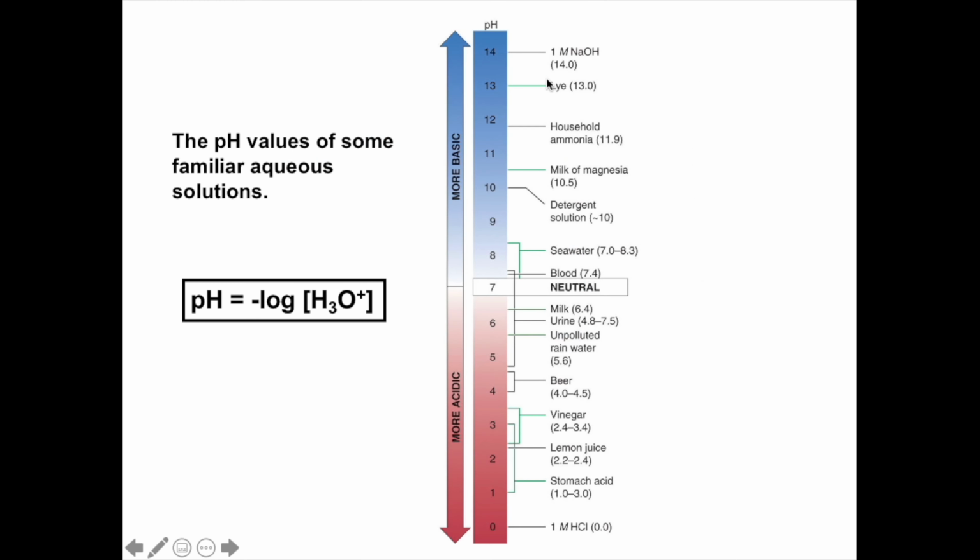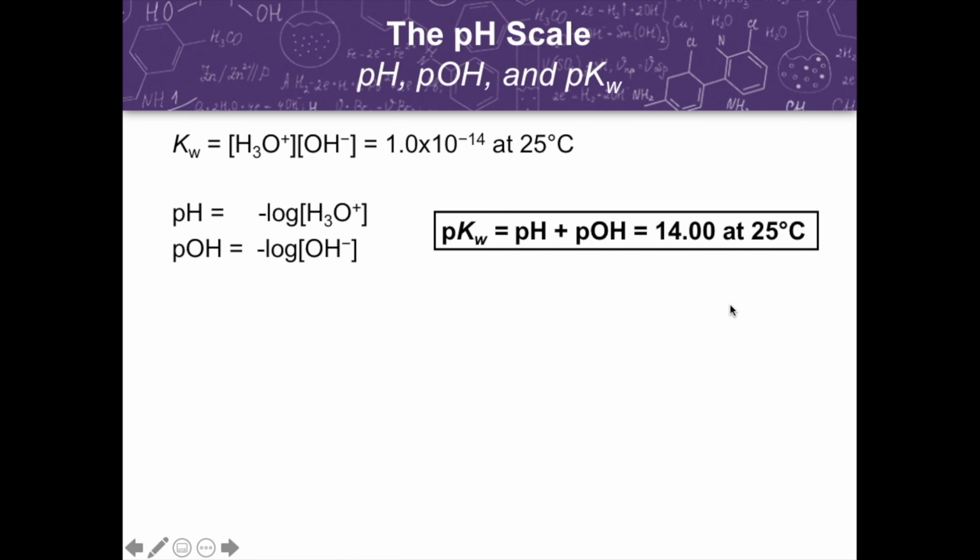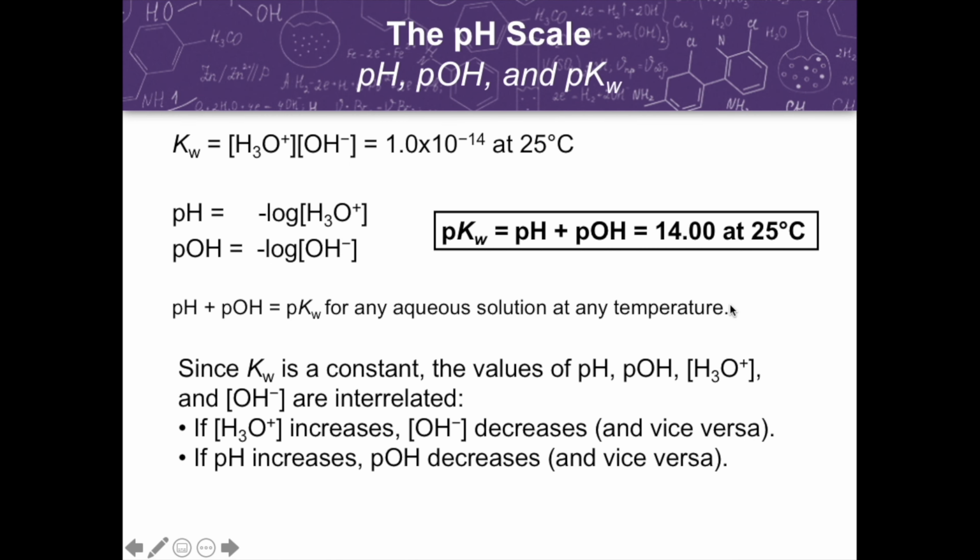Here is another diagram showing the pH of different substances. As you can see here, the blood has a very narrow pH for an individual to have good health.